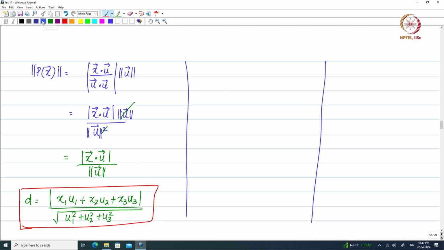Now, the next question that we ask is: what is the distance from the point x to the line passing through u along the vector u?